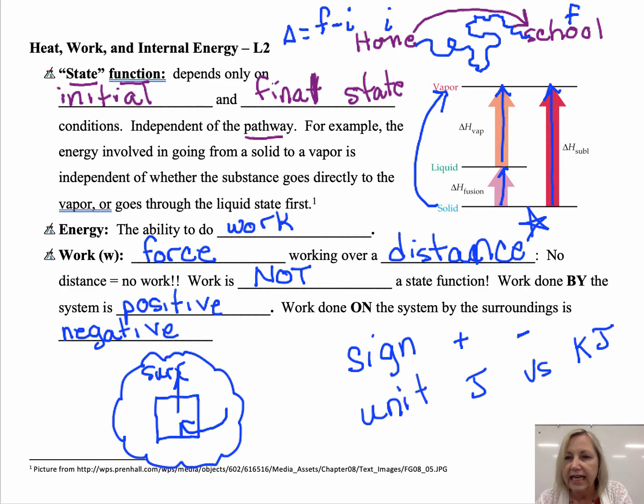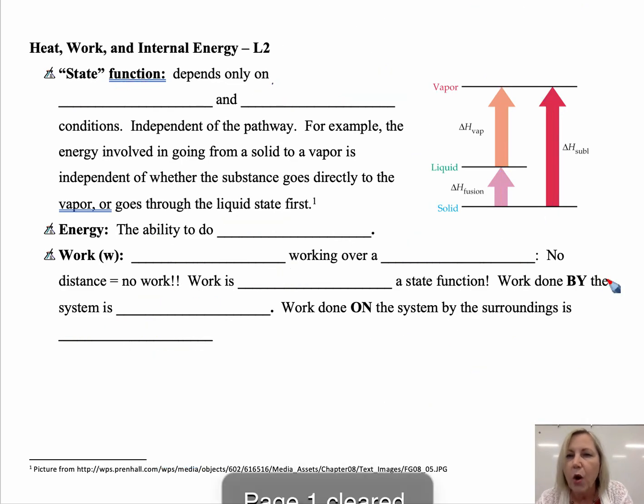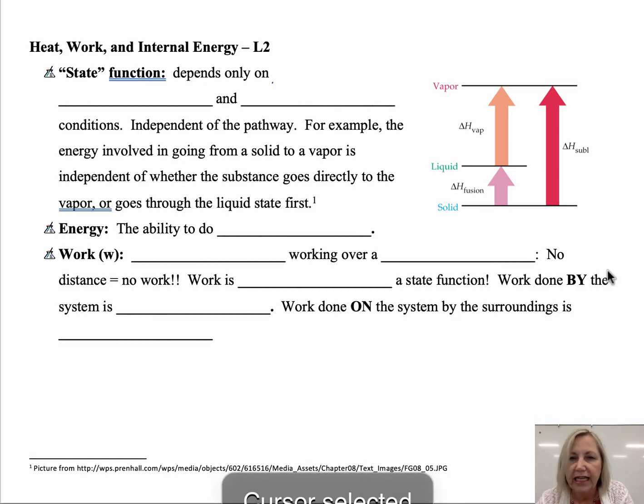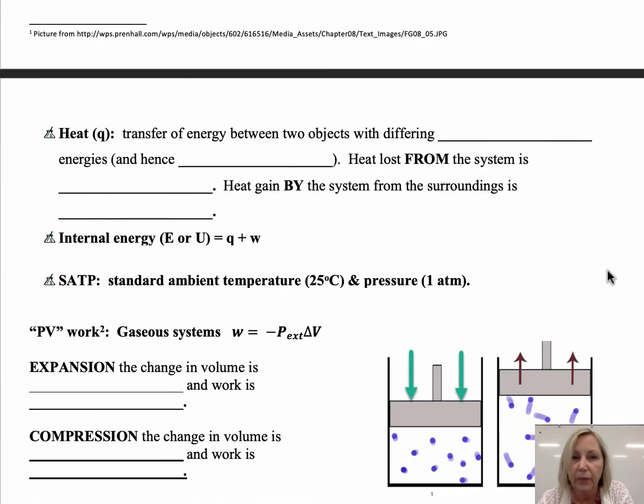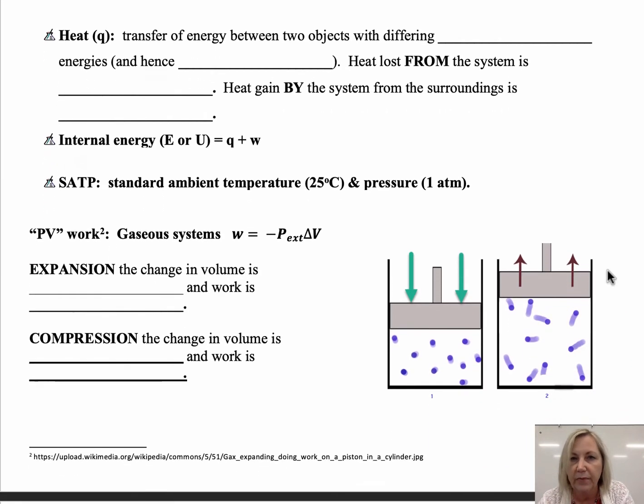Okay, so let's take a look at some examples. The only type of work that we're going to be doing in chemistry is called PV work, and we'll see that in just a minute. Let's get a couple more terms down. Heat is the transfer of energy between objects of differing kinetic energy.